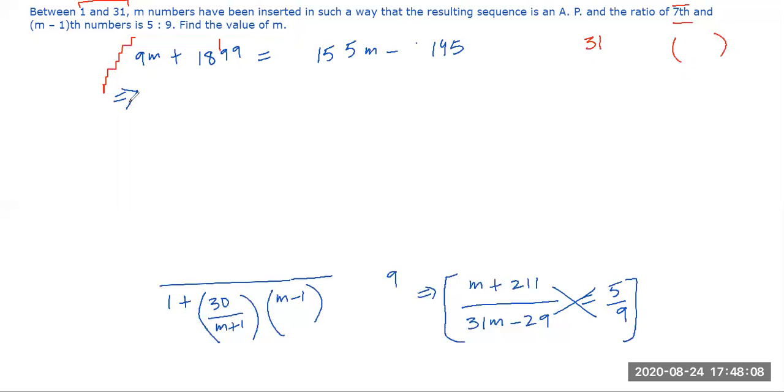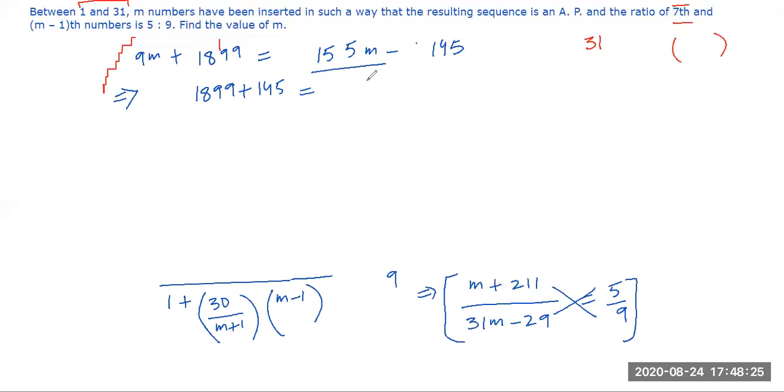So can we solve this further? Is it right? So we can write 1899 plus 145 is equal to 155m minus 9m.